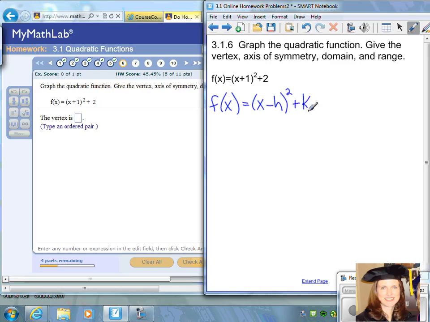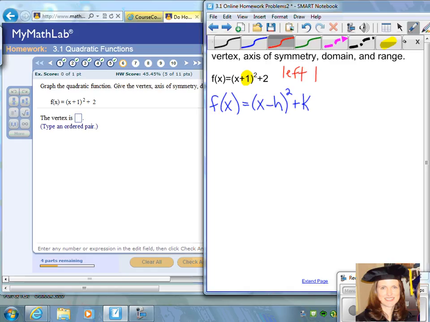plus k. So this plus 1 here means that the basic parabola has been shifted to the left one, and the plus 2 on the outside of the parentheses indicates that the parabola has been shifted up 2 units.